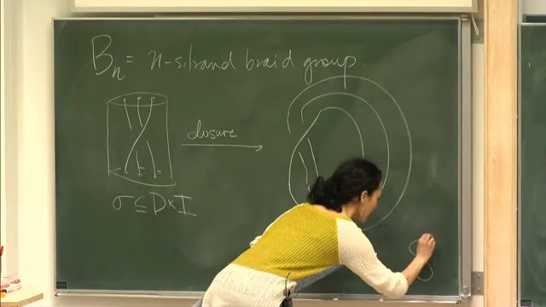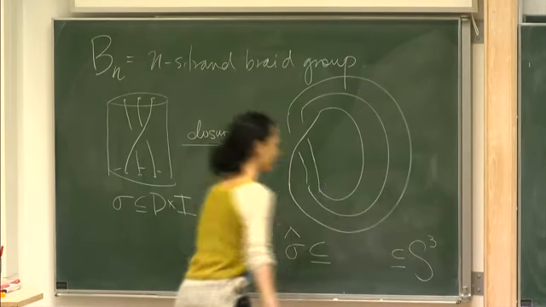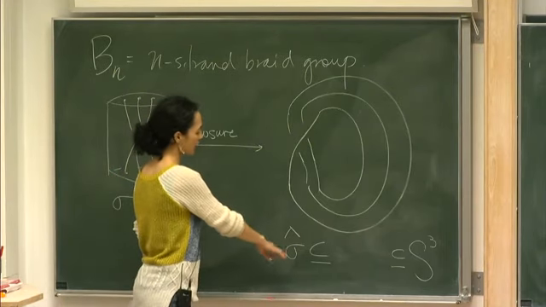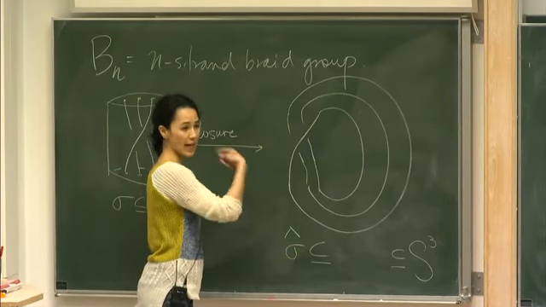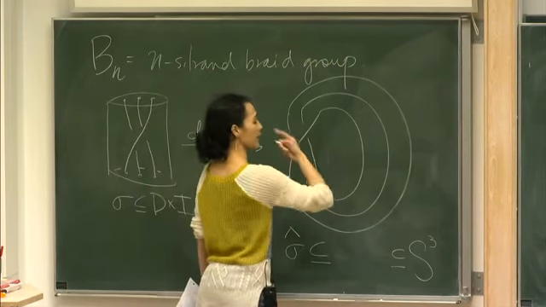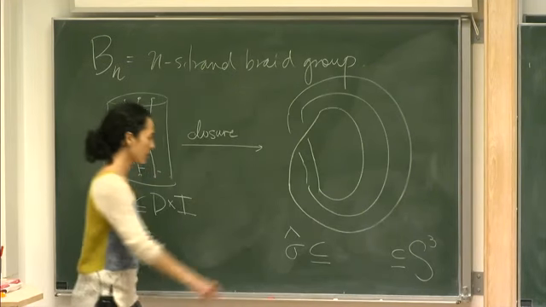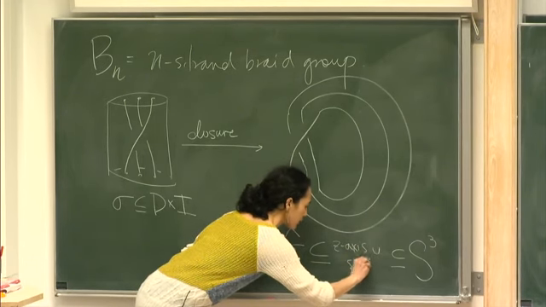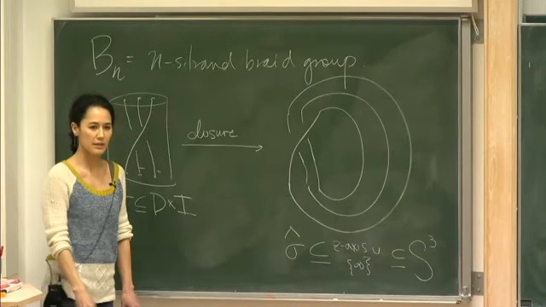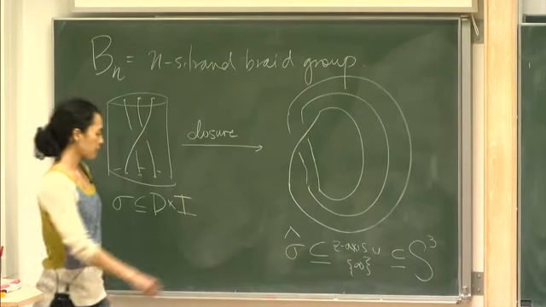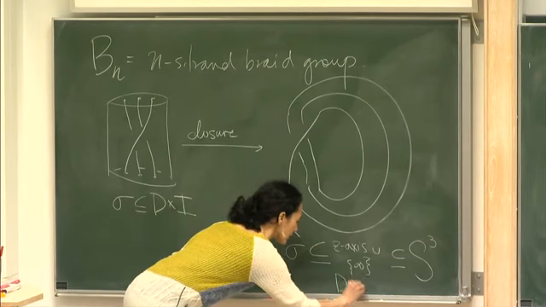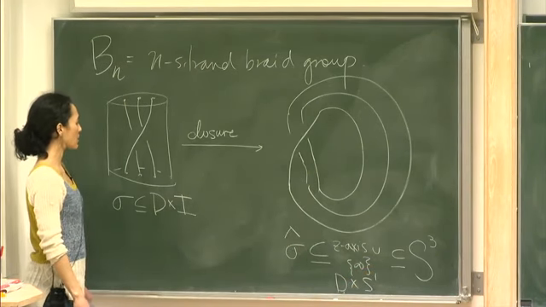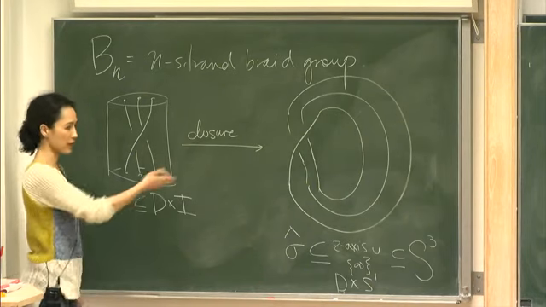But I'd like to point out that as an intermediary three-manifold that this braid closure sits in, really the braid is in the complement of its axis. So that's the thing that goes all the way around here, which we can think of as being like the z-axis in R^3 union this extra point at infinity. And this is really D cross S^1. It's a solid torus. Okay, so that's what I mean by a braid and its closure, a geometric braid and its closure.